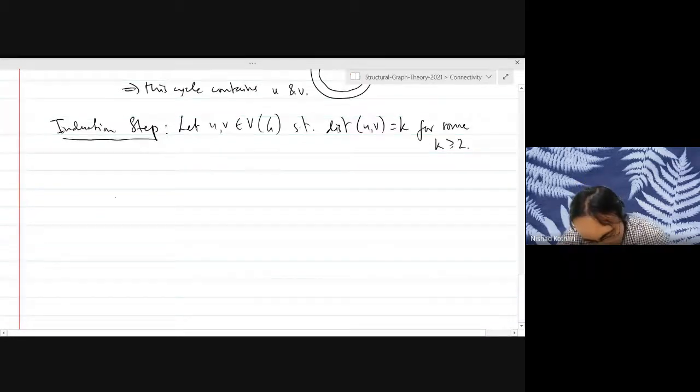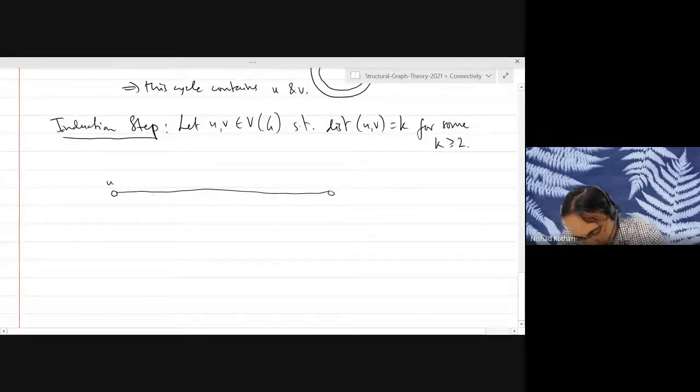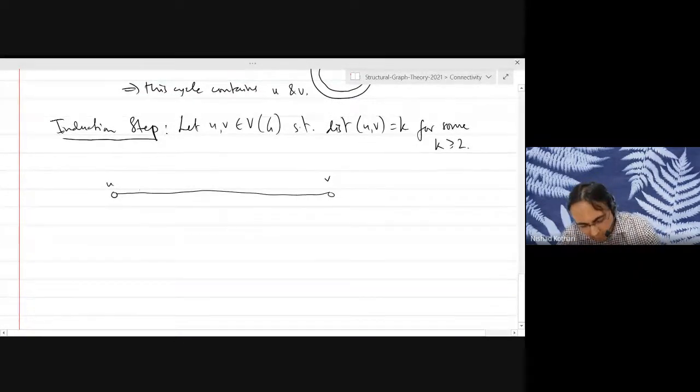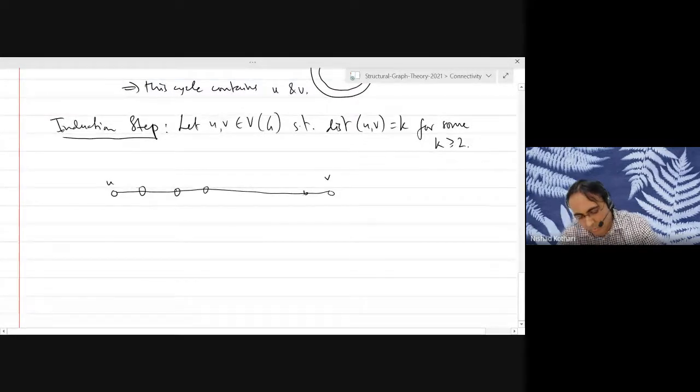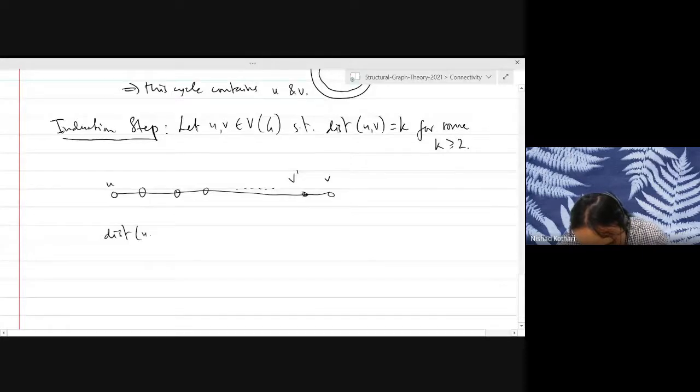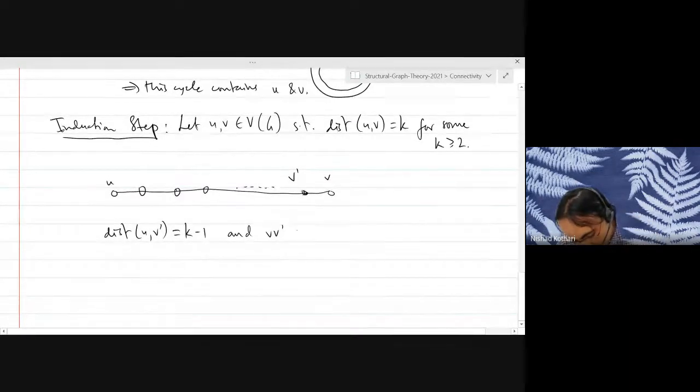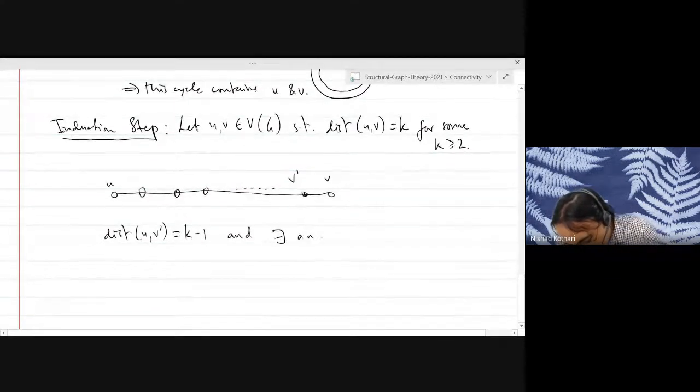We can always do that because we can consider a shortest path between U and V, and look at the vertex that is just before V and call it V prime. Notice that the distance between U and V prime is exactly K minus 1, and there exists an edge F that joins V and V prime.